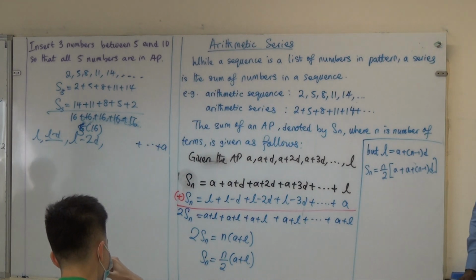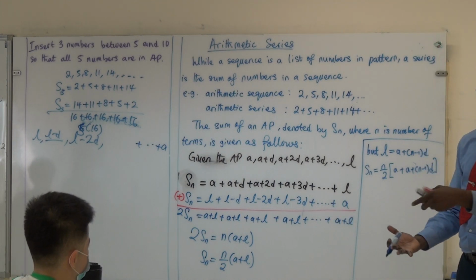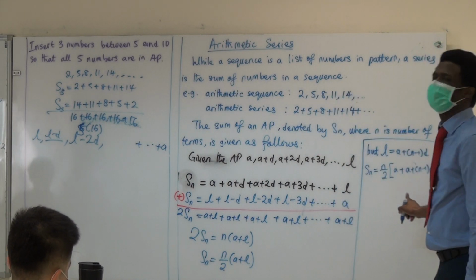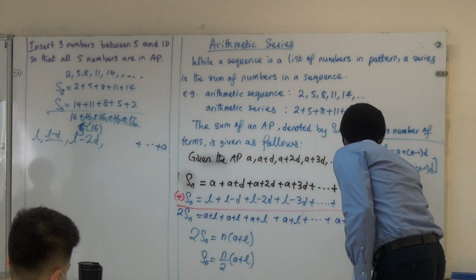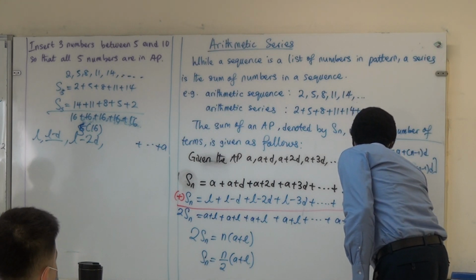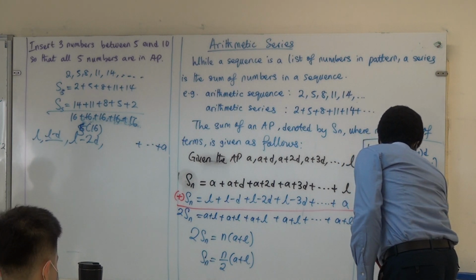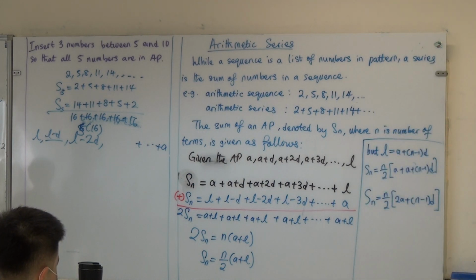So if you check your IB textbook next year, or maybe the IB exam booklet, you might end up seeing this and what I'm about to write, or maybe one of them. So it is Sn equals n over 2, open the brackets, 2a plus (n minus 1)d. And these two are useful to find the sum of an AP.